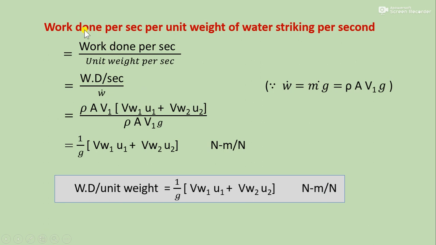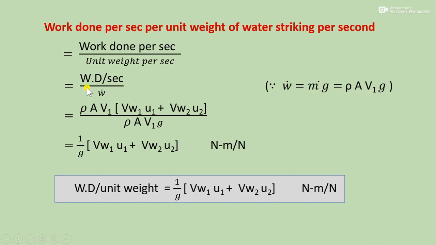Now there is a second way to express work done per second: per unit weight of water striking per second. It is the ratio of work done per second to weight per second, that is W dot, meaning m dot g, and m dot is rho a V1.